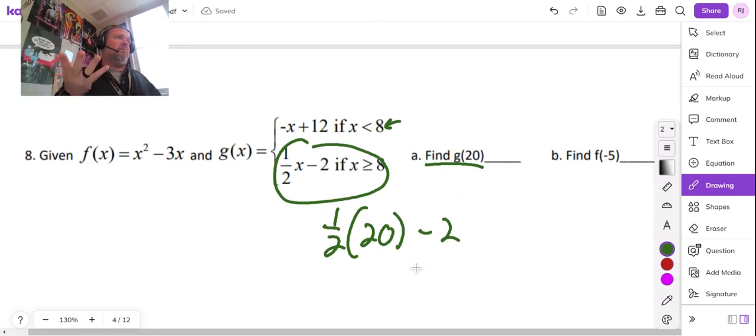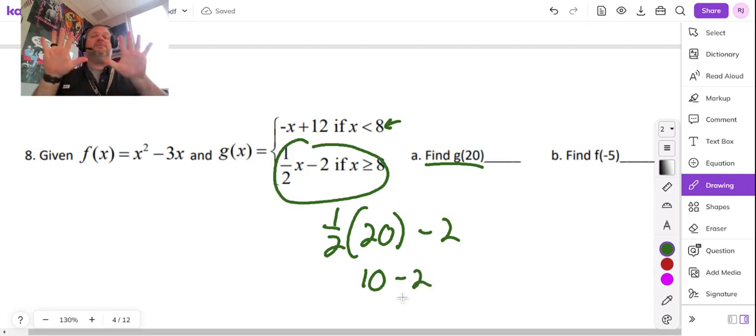This one, believe it or not, I can do without a calculator. Okay, what is half of 20? 10. If I have 10 fingers and if I lose 2 of them in a tragic accident, how many fingers do I have? 8. That's my answer.